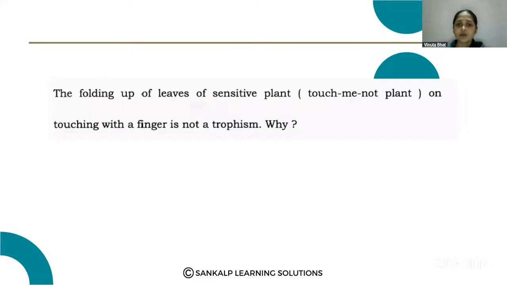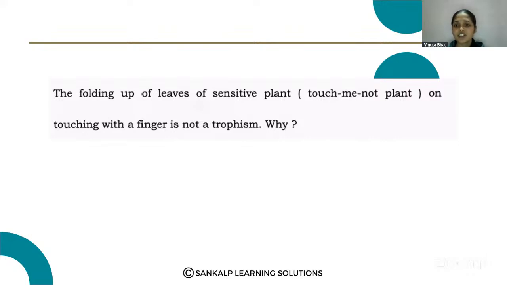Folding of leaves of a sensitive plant on touching with a finger is not a tropism. Why? Because tropism means movement in response to stimuli like light, gravity, water or chemicals.